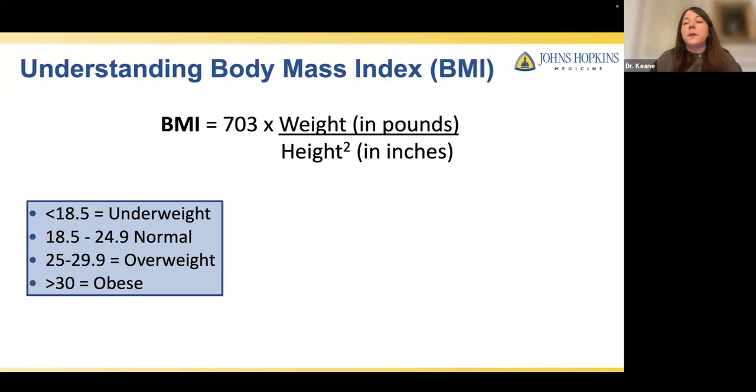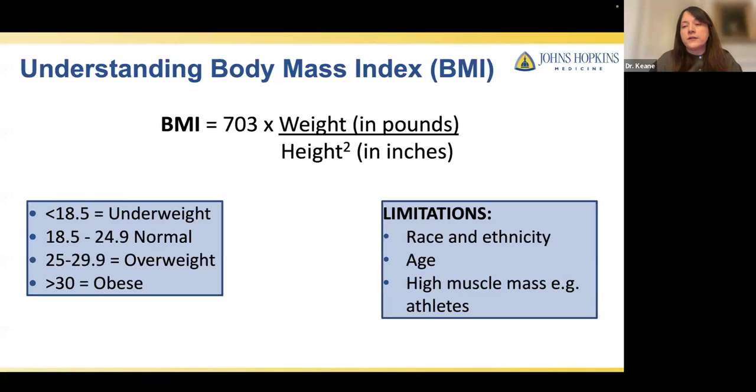So first of all, what is BMI? Well, body mass index is this complicated equation at the top of the screen, and you're not expected to remember this or understand it. There are many very simple BMI calculators out there where we put in your weight and your height, and they give us a number that classifies you as either underweight, of a normal weight, overweight, or obese. And if you're obese, then you will qualify for one of these procedures.